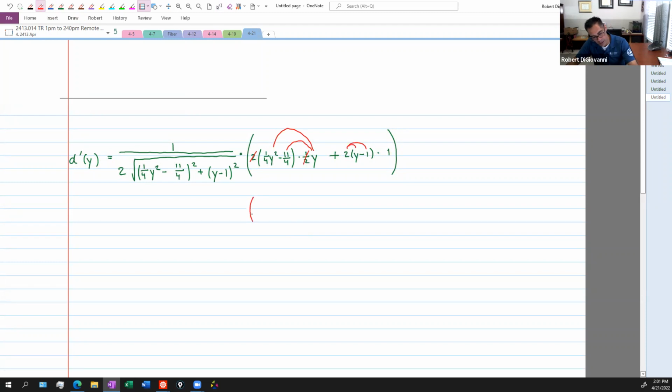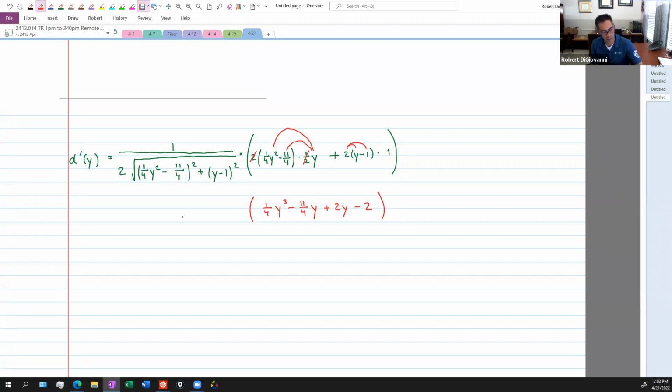So what will that be? That'll be 1/4 y cubed minus 11/4 y plus 2y minus 2.